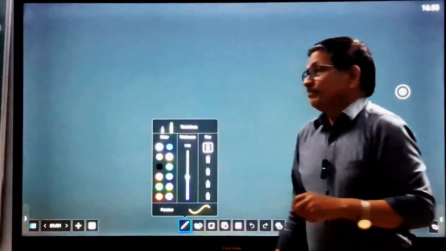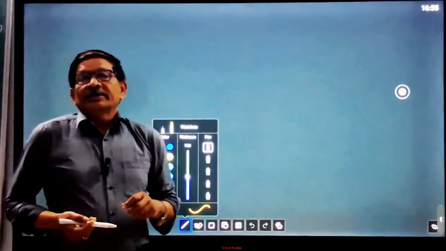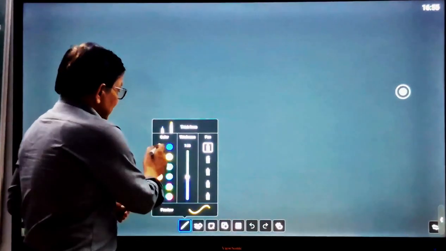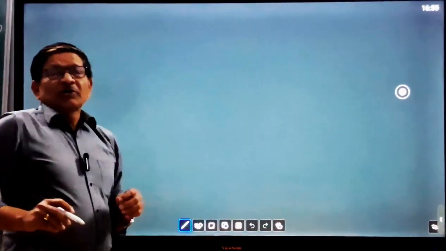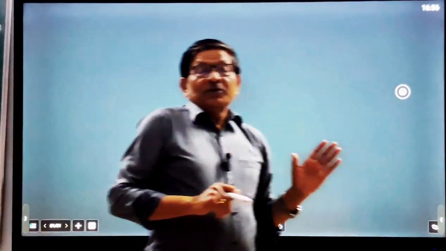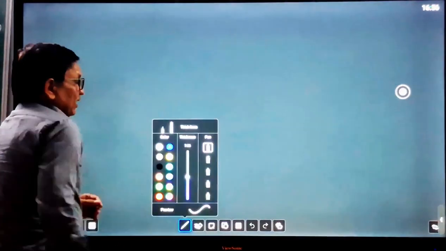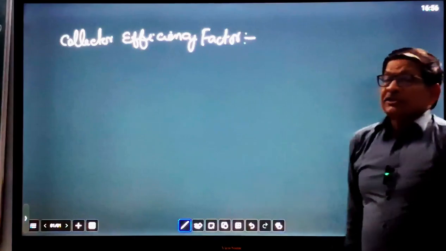So first we will define collector efficiency factor, and then we derive collector heat removal factor. So what is a collector efficiency factor? This is a very complex derivation. I will derive it later. But I will define here what is a collector efficiency factor.